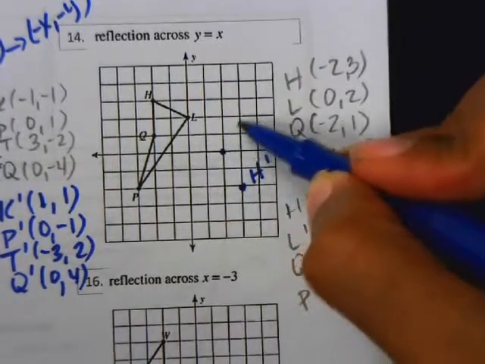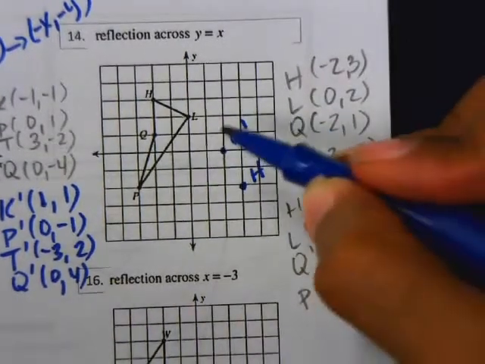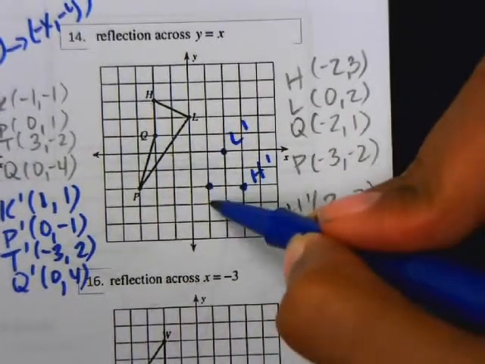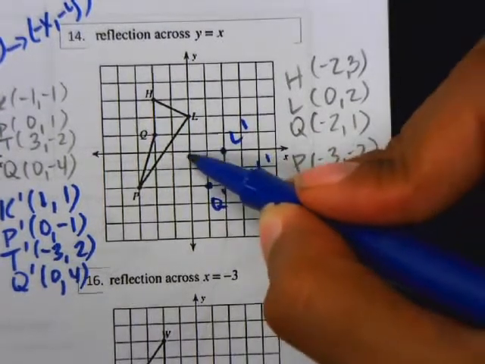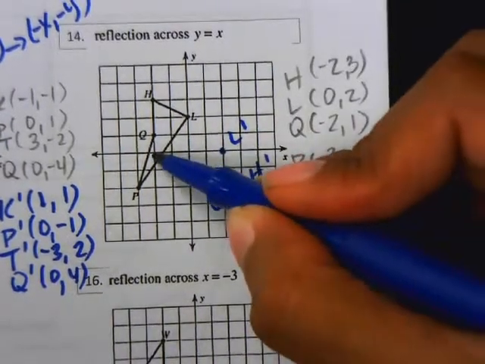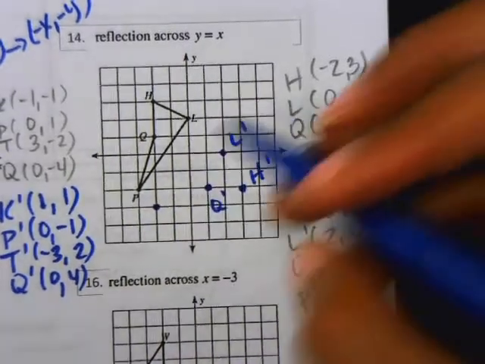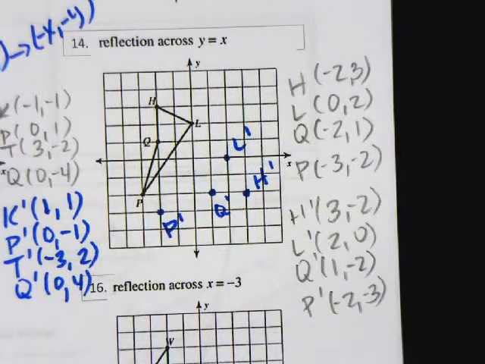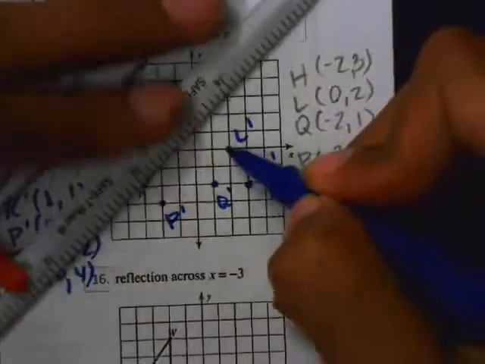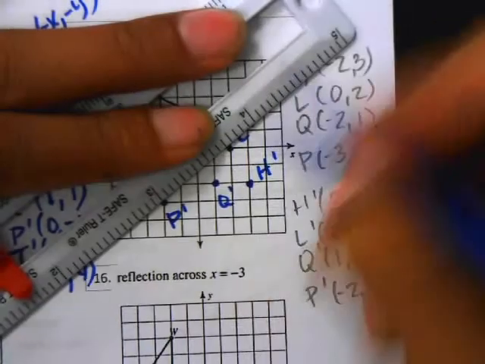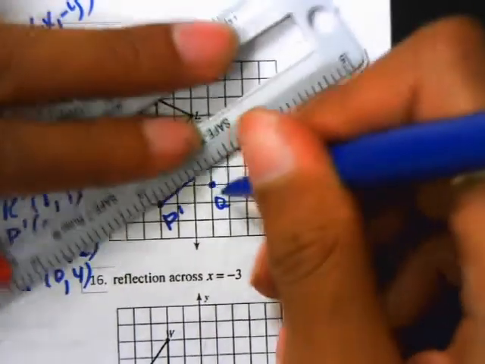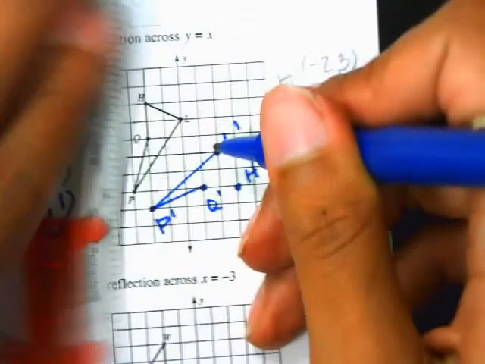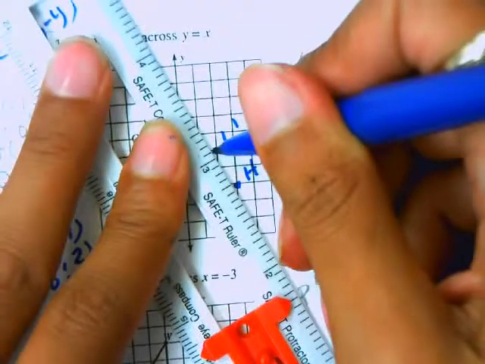And negative 2, negative 3, that is P prime. So again, take your straight edge and connect the dots. Alright, and there we go.